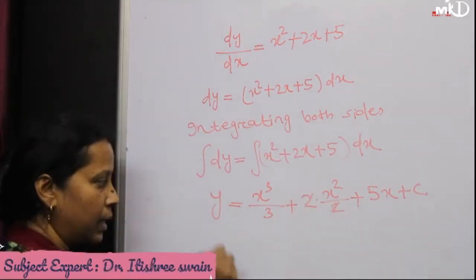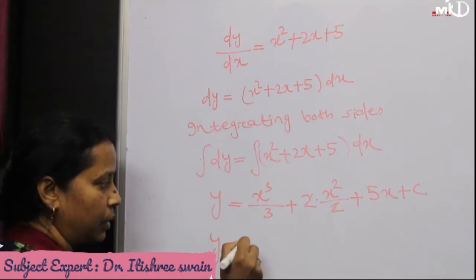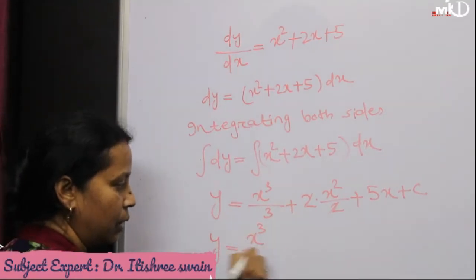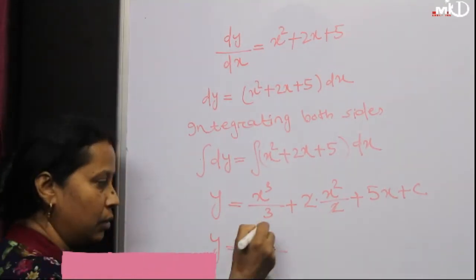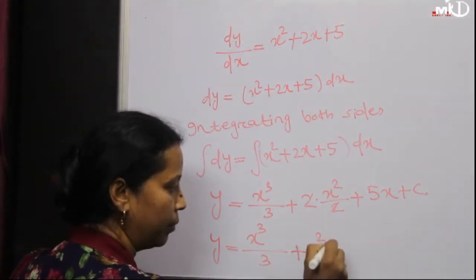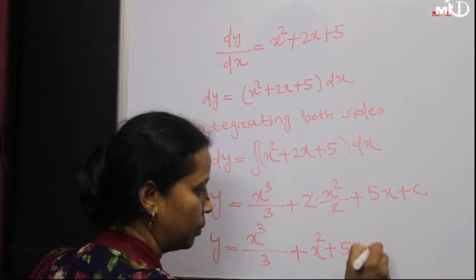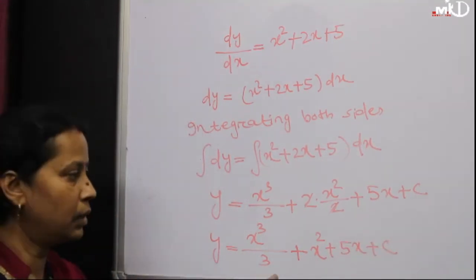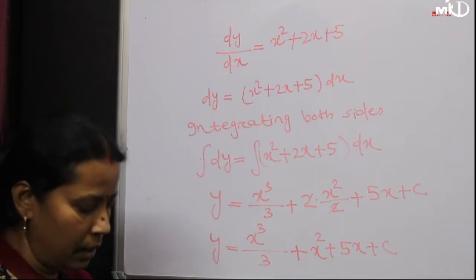Now the 2 cancels. The solution of this differential equation is y is equal to x cube by 3 plus x square plus 5x plus c. This is the solution of the above differential equation.